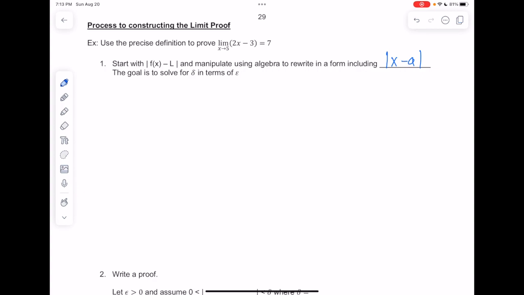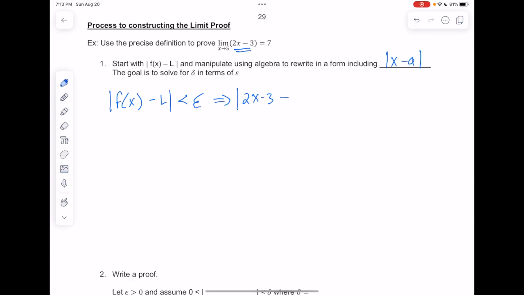Let me show you specifically what that looks like for this problem. So start off with the absolute value of f of x minus L, and we're going to say that's less than epsilon. Now we're going to start plugging things in from our function. So what is f of x in this one? It's whatever was inside the limit, so 2x minus 3.